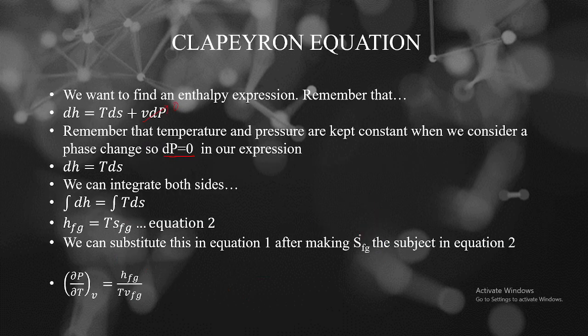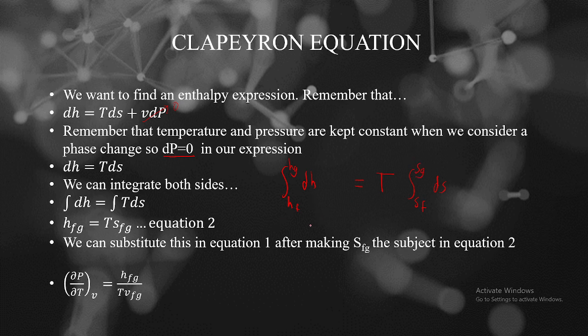Okay. Now, if we take our dH being equal to TdS, you can integrate both sides. You can integrate dH. Once again, it's a phase change. So from the enthalpy in the liquid phase to the enthalpy in the gas phase, being equal to T, which is a constant because once again, it's a phase change. So I can bring the T out. And then the S, so from the entropy in the liquid phase to the entropy in the gas phase.